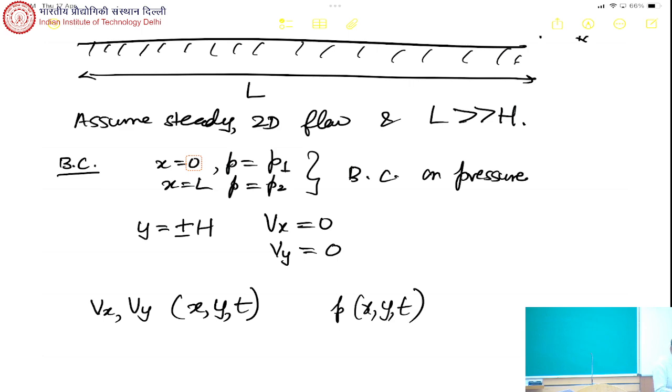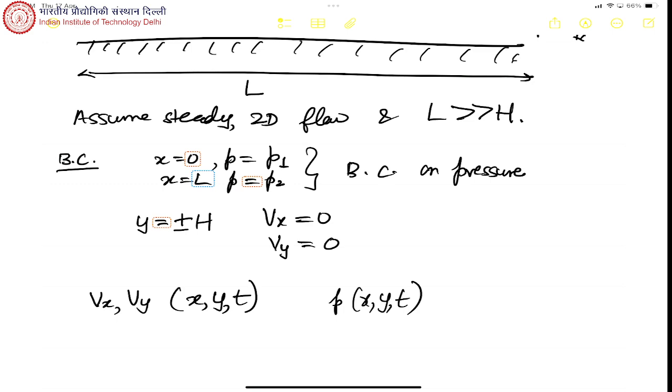But because this is a 2D problem, the variables are functions only of x, y, t. Now, does any variable go away? Given these assumptions, t goes away because of steady flow. Okay. Now, what about any other?